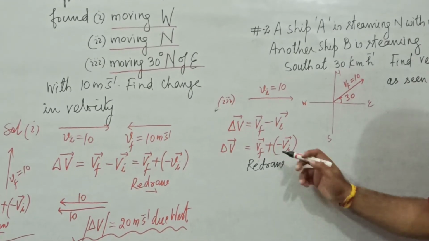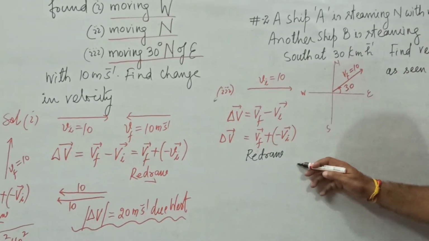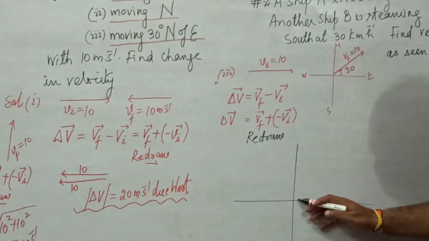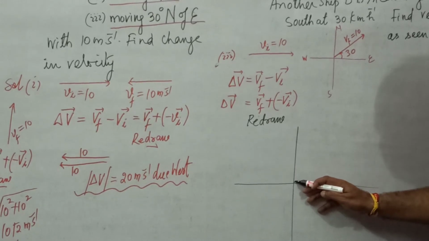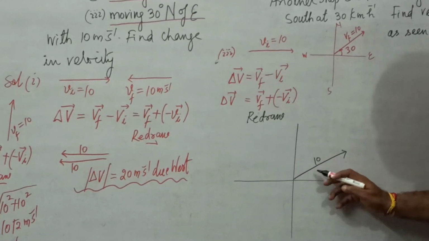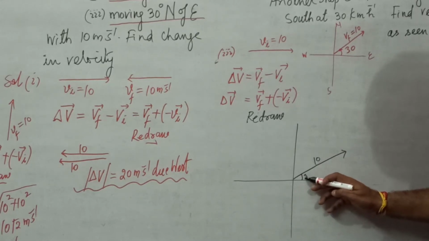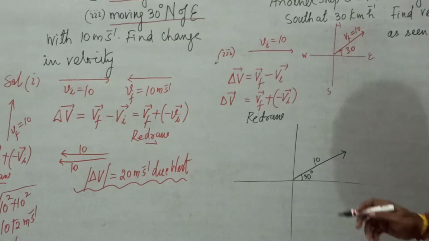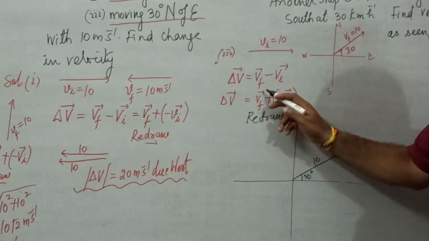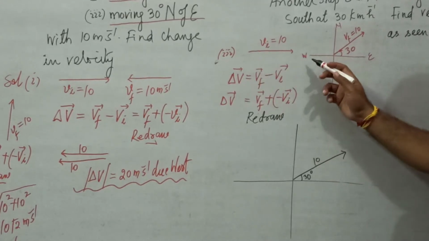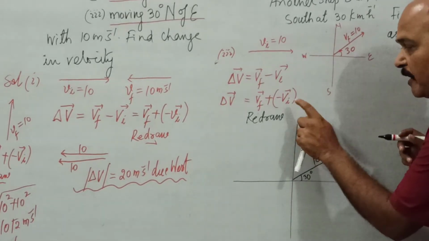So what is this? Vf. I am drawing the vector. Vf is 30 degree north of east. This is your Vf, and that is 10. This angle is 30 degree. This is Vf, vector number 1. Vi is due east, and this vector is minus Vi.